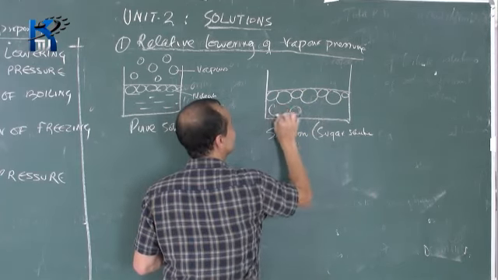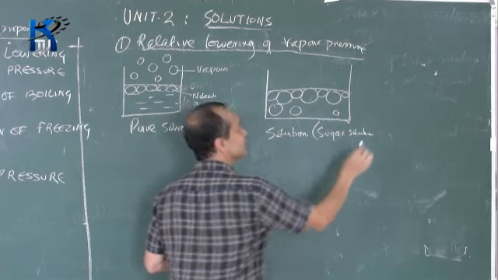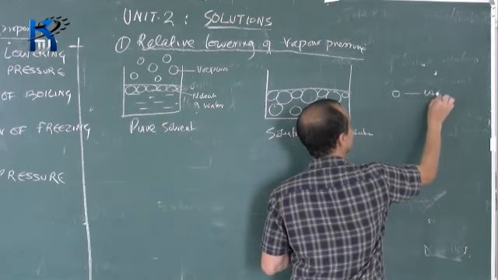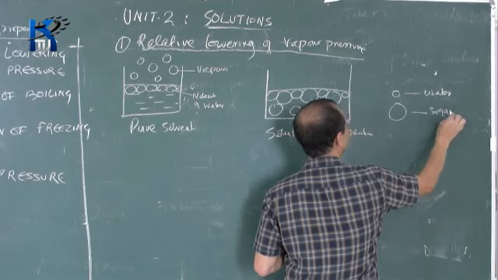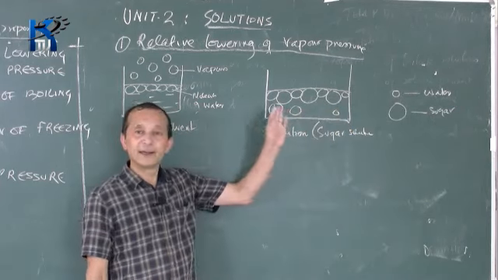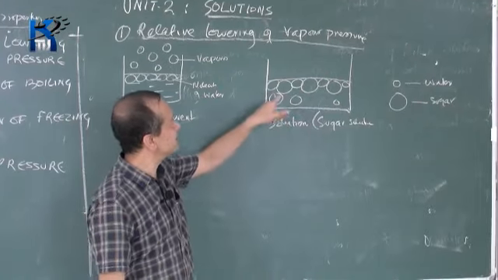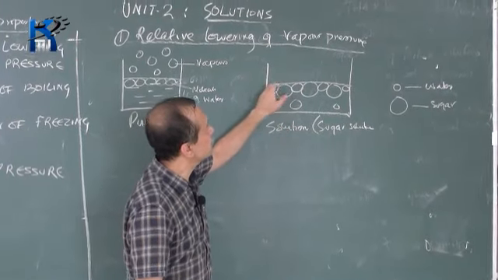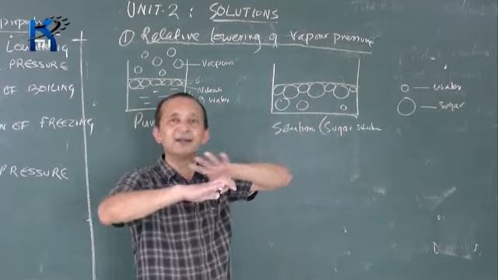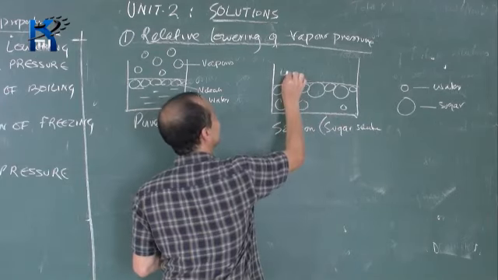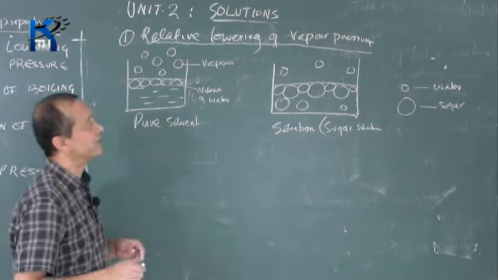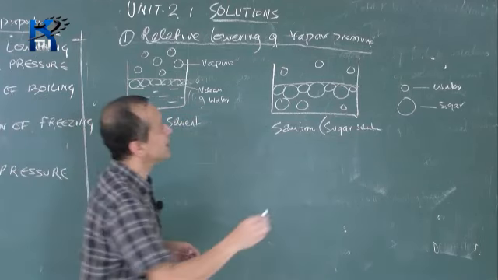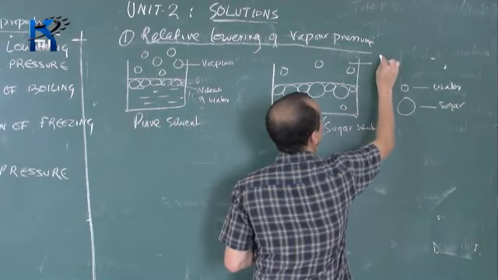It will be like this, isn't it? The smaller one is your water, and the larger is your sugar molecule. It is logical that since the total surface area is not filled by water molecules, there will be less amount of vapor.